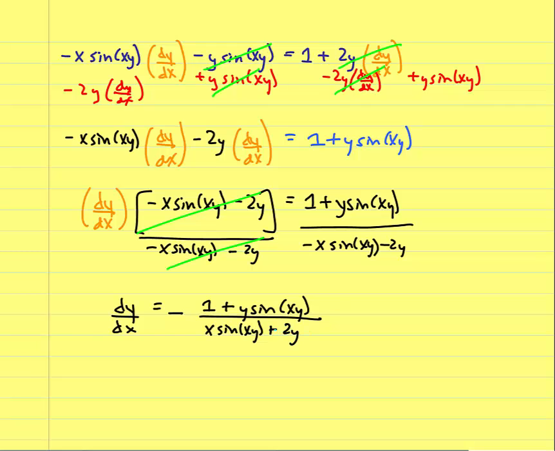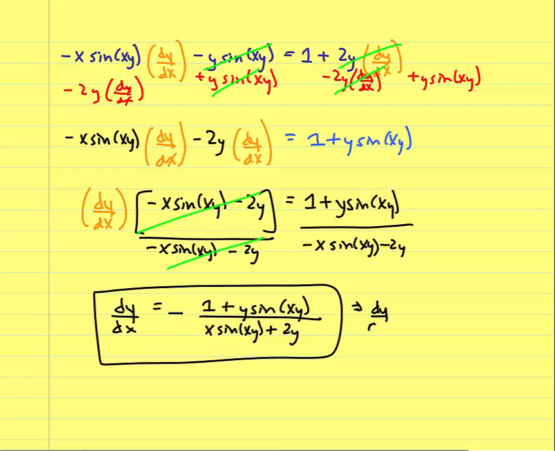And the reason that's a plus is because I factored a negative out front. So here's my derivative. Now another way I could write that is I could have distributed the negative through the top. The reason I pulled it out of the bottom is that it's pretty common, if you have two negative signs somewhere, to factor it out, especially if it's in the denominator. So this would be another form of that same derivative.